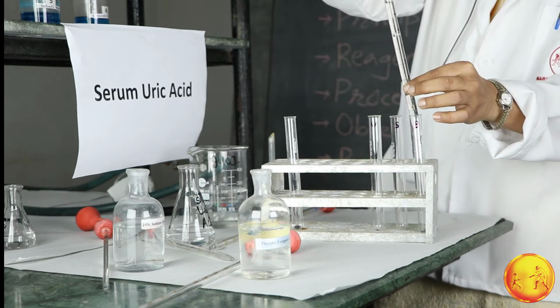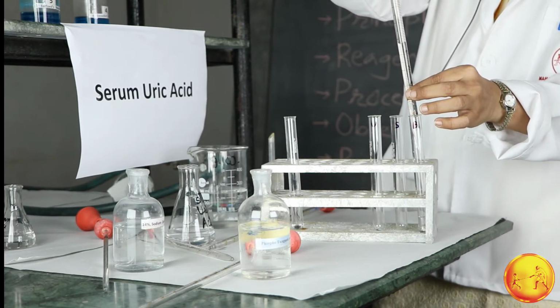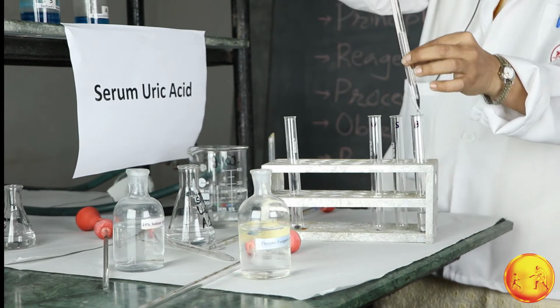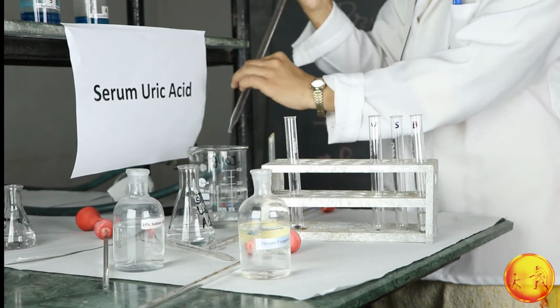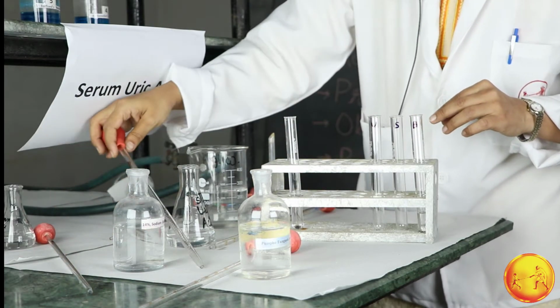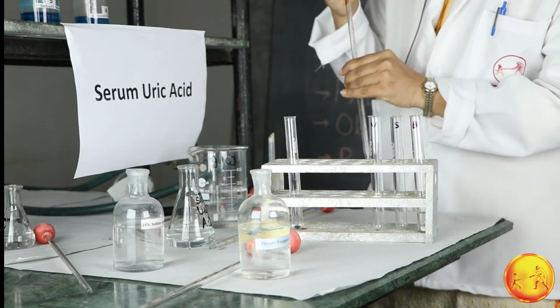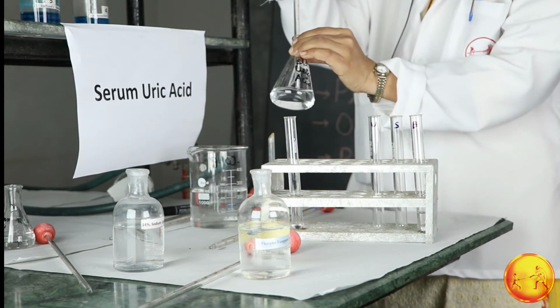We are taking 3 ml of distilled water in the blank test tube. We are going to take 3 ml of working standard of uric acid.